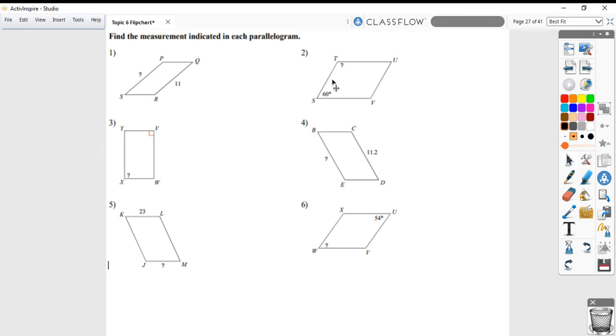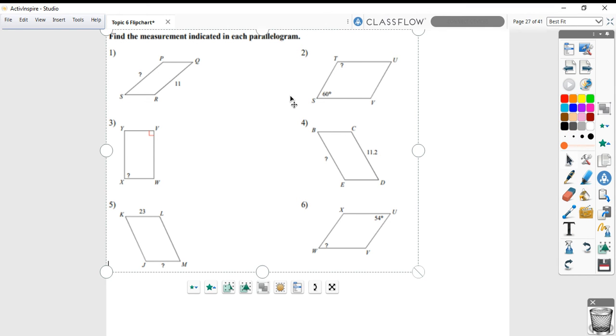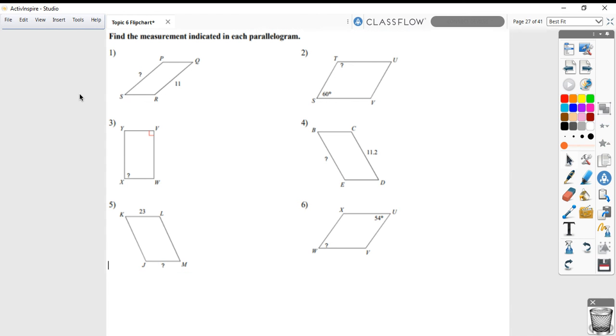Come on over to this one. This problem right here, these two angles are consecutive angles. And on a parallelogram, we said consecutive angles are supplementary. Okay? There are several questions like that where you have to find the missing side measurement. Some like this where you have to find the missing angle measurement. On a problem like this, you don't have consecutive angles. Okay, consecutive would mean it was right next to it.